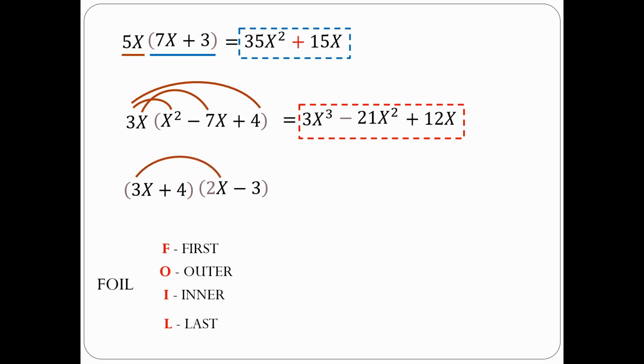Let's begin by multiplying the first term of each binomial. So 3x times 2x is 6x squared.